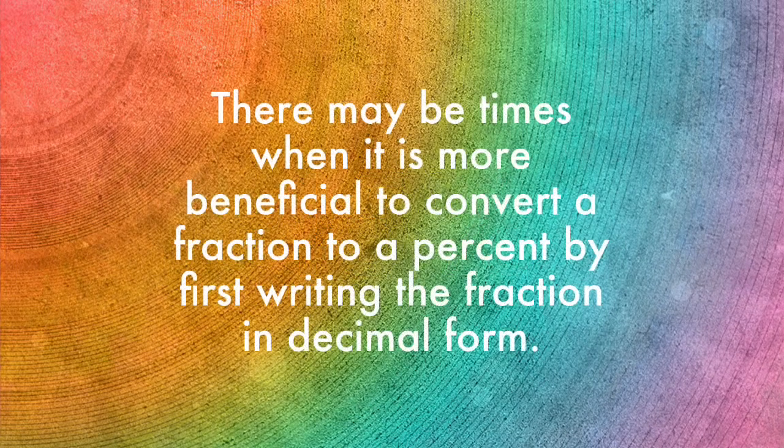We have also seen that there may be times when the best thing to do is to take a fraction and turn it into a decimal first to find out its percent. Here's what I mean. Take the fraction 5/8. What is that as a percent? This fraction is difficult to turn the denominator into 100. 8 times what is 100?